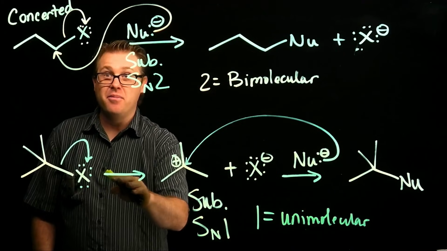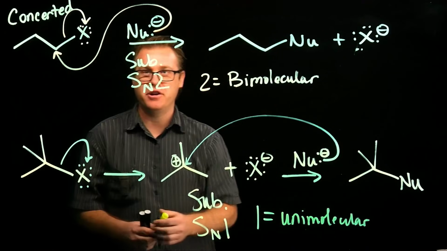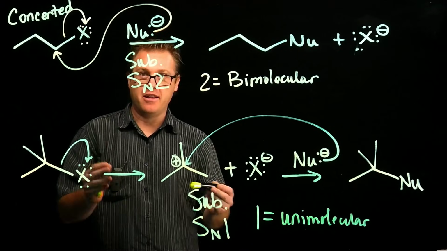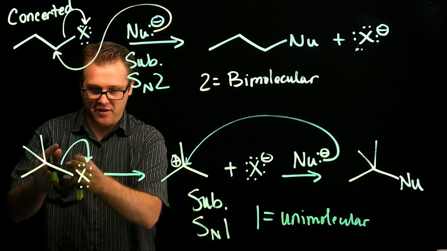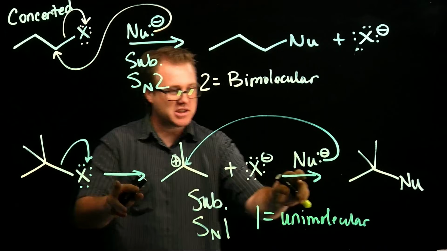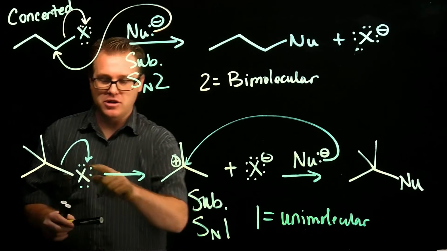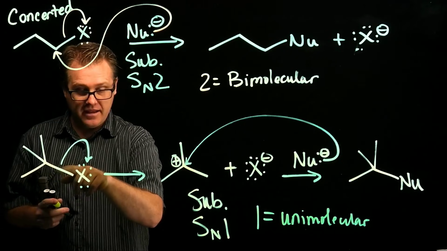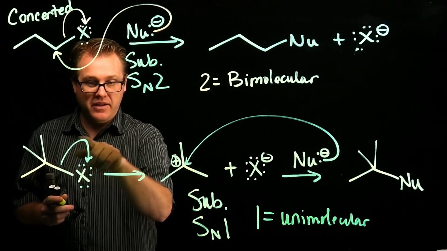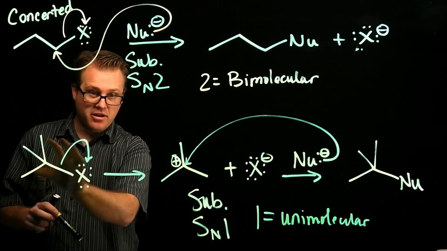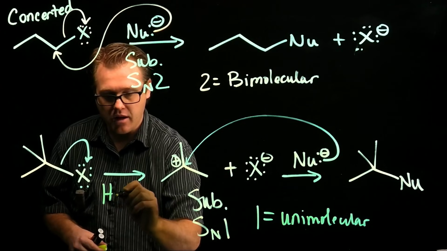That is an elemental step. Remember me referring to, at the beginning of the video, the elemental steps? You can see for each elemental step, there's only 1 molecule involved. And so when we have an alkyl halide and the leaving group leaves in this manner, we call this a heterolysis step.